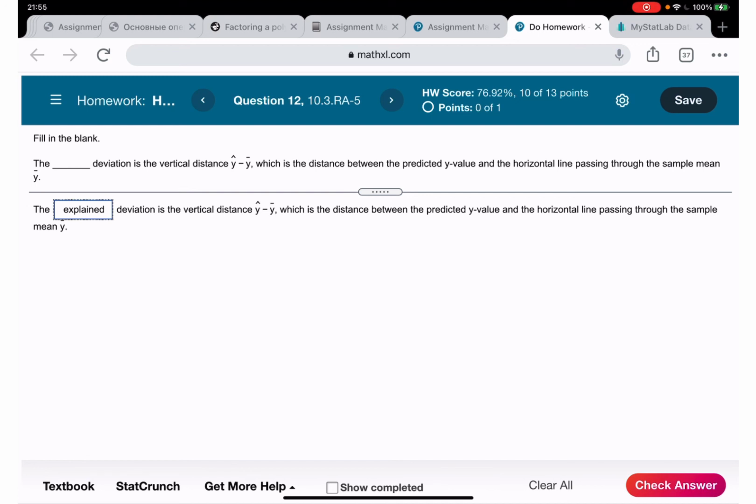Got confused. Y bar is our average, y hat is our predicted value, which is the distance between the predicted value and the line passing through the sample mean. That's exactly what it is.